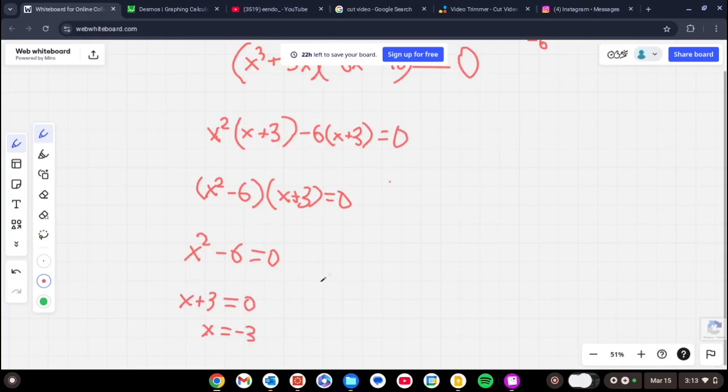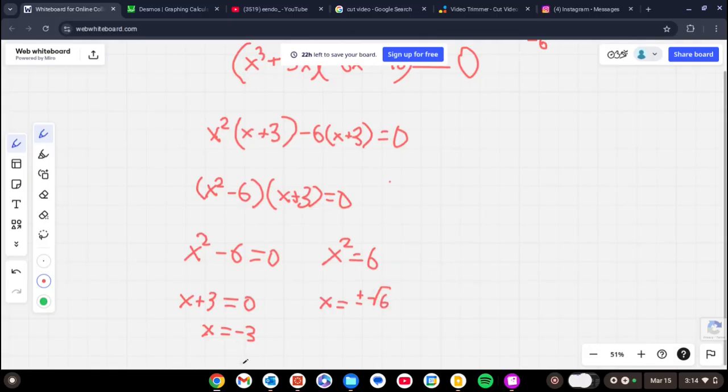And then on this side, we can add positive 6 on both sides to get x squared equals 6. And then you take the square root of both sides, which would get you x equals plus or minus square root of 6.